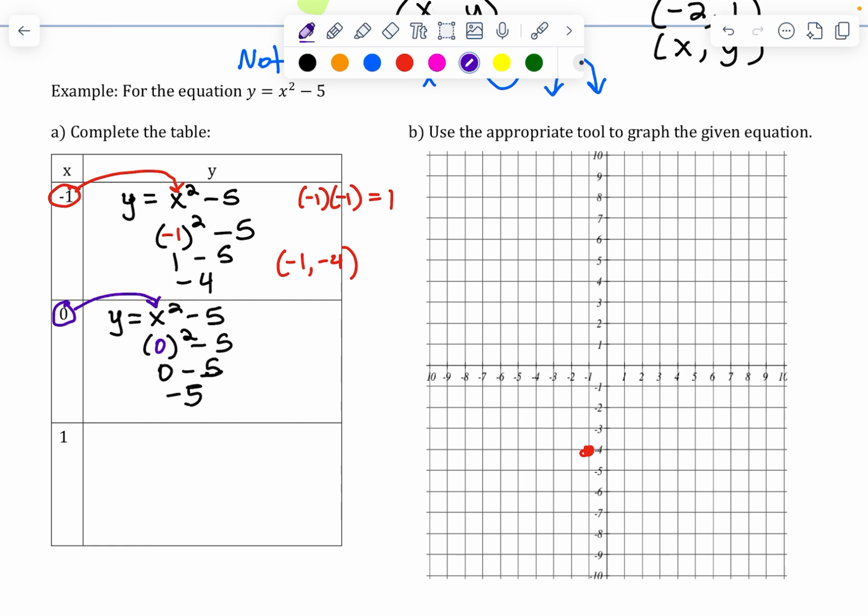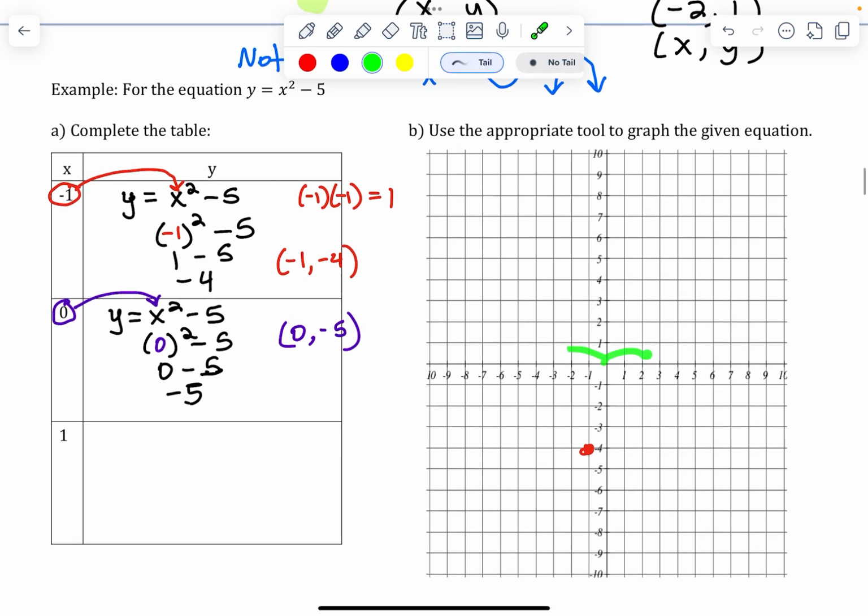So now we have the point (0, -5). That means we're not going left or right at all because our x is 0. So we're just going to stay on the axis, go all the way down to -5, and draw our point.